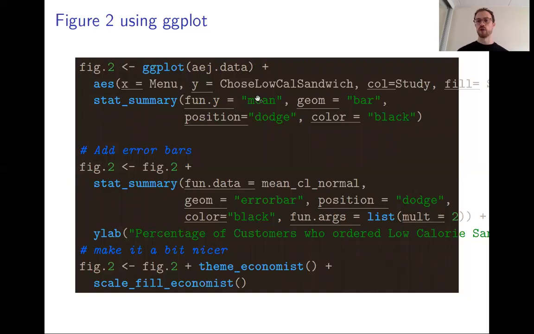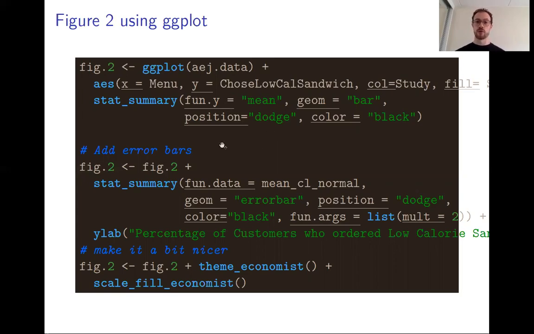So now instead of, for example, giving the frequency of how many people chose a low-calorie sandwich, it calculates the mean. And since the expression is either 0 or 1, this will be equivalent to just the fraction of people who chose a low-calorie sandwich.